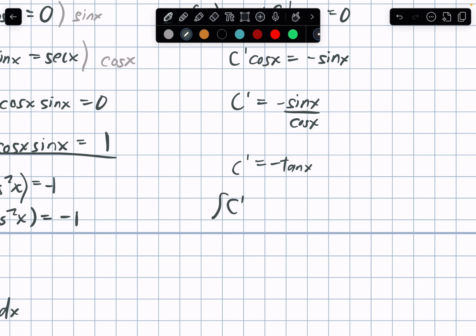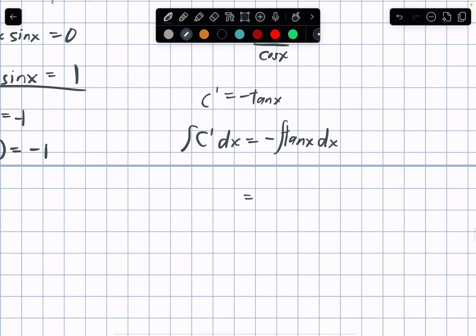So, integrate. You have to remember your identities. So what is the integral of tangent? That is ln tan x plus secant x. Oh no, sorry. Reserved for secant, cosecant.